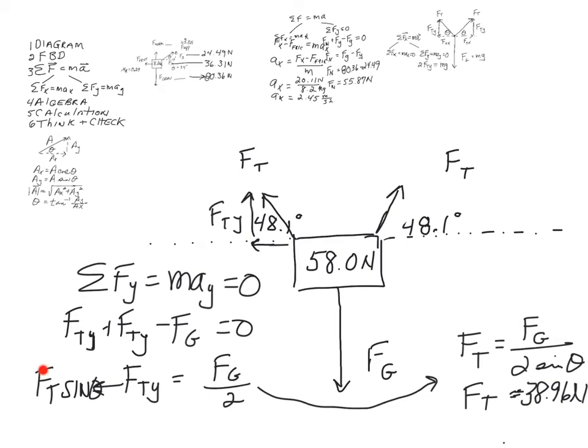But FTY is equal to FT sine theta. And so when we do all that, we get FT equals FG divided by 2 divided by the sine theta, and the number I get is 38.96 for the tension in either cable, because they're at the same angle and the tension is the same. Okay, not too bad. Let's go to the next section.